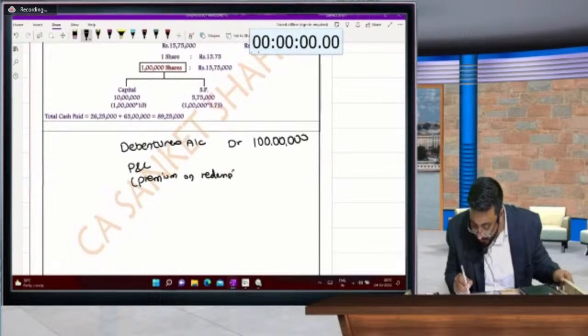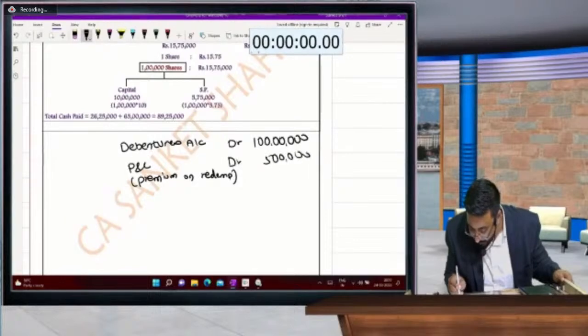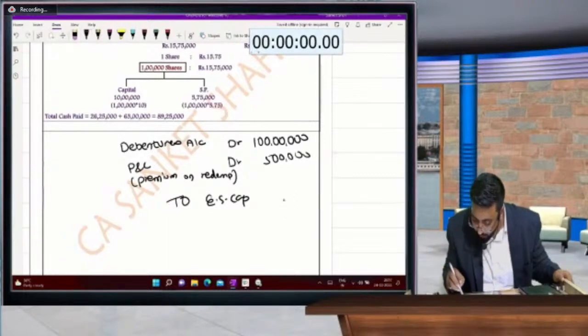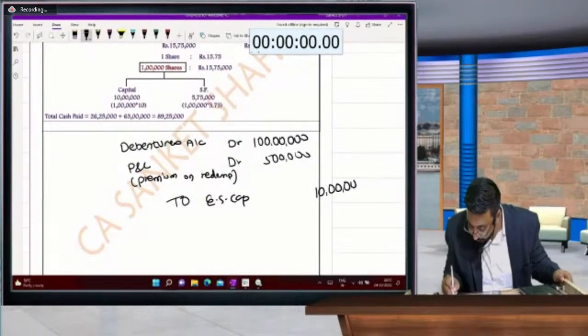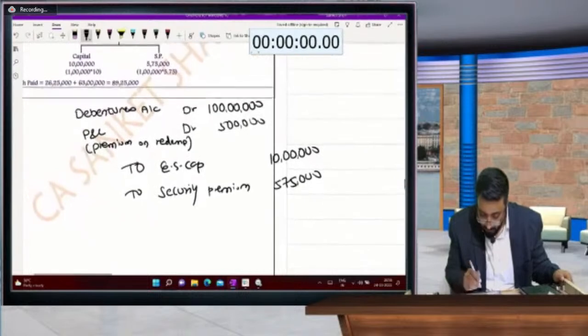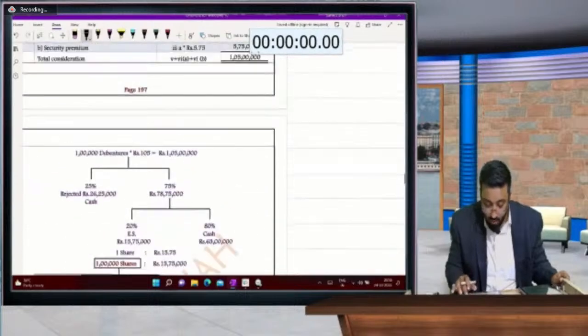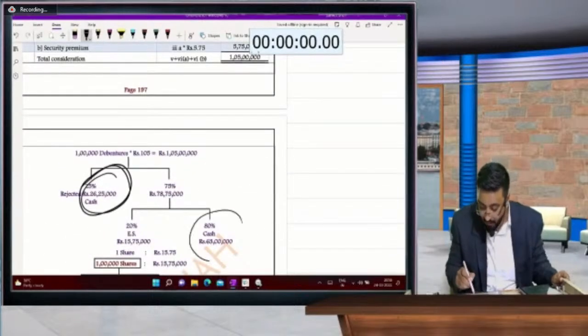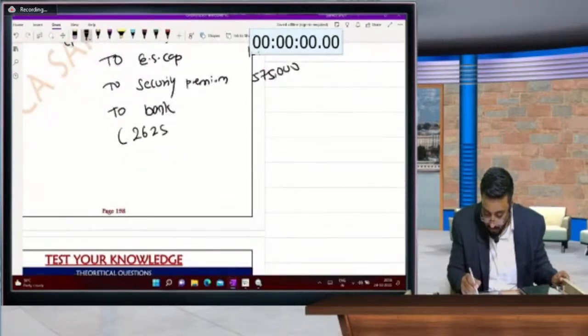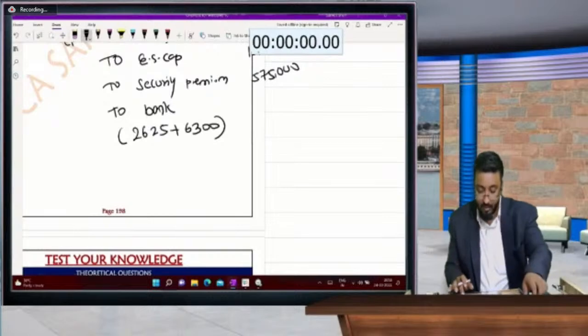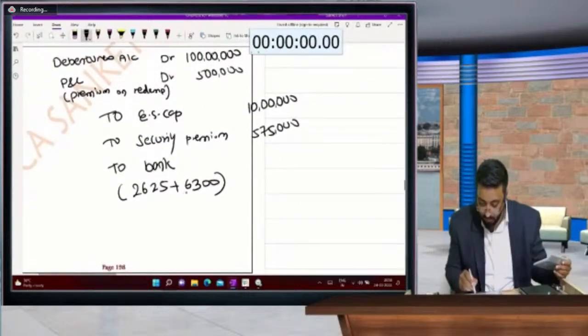I'm telling you the direct effect, 5 lakhs, to equity share capital, beta, to equity share capital 10 lakhs, to security premium 5,75,000, and to bank, beta, now you are paying 26,25,000 through bank and 63 lakhs. 2625 plus 6,300, so how much beta? 89,25,000.